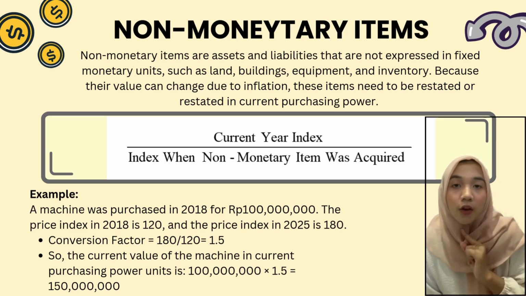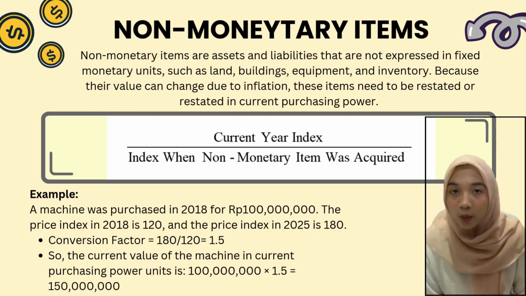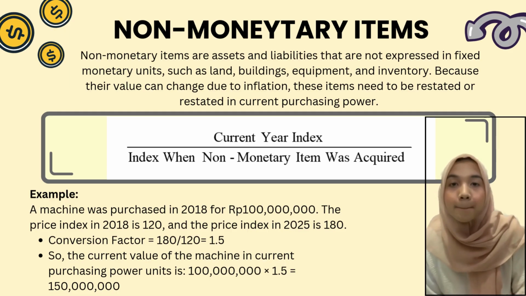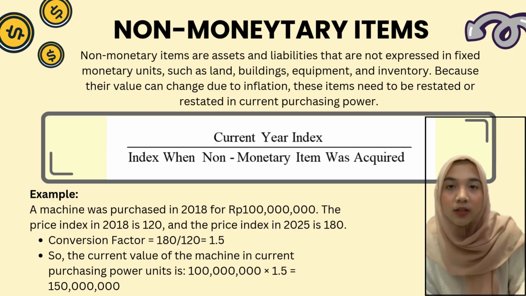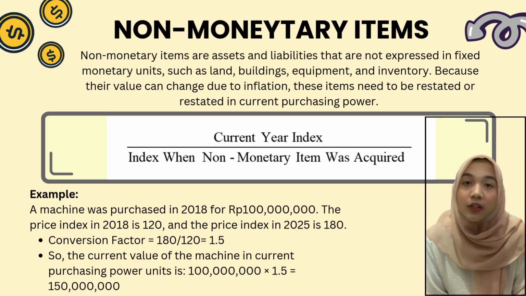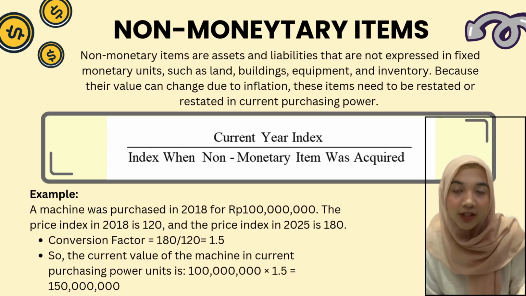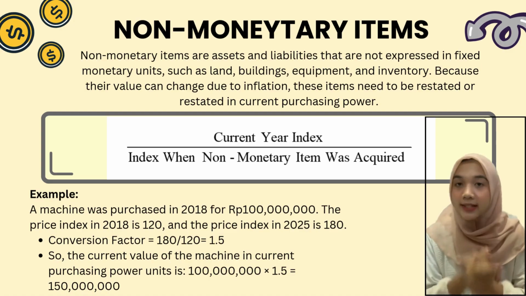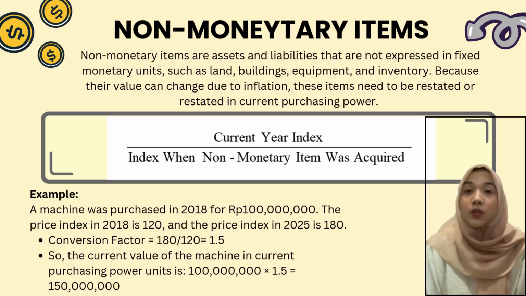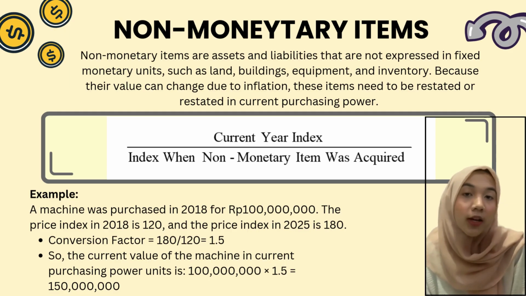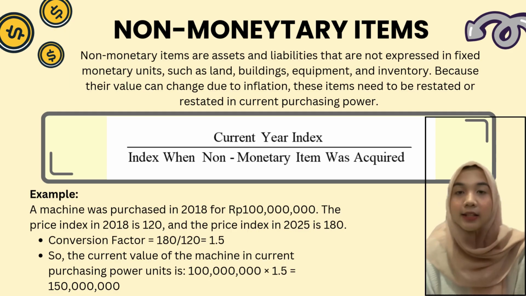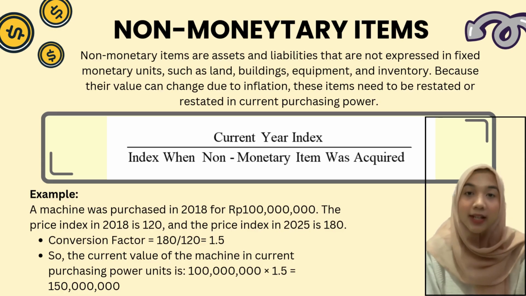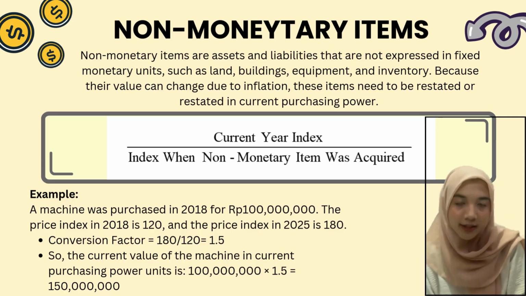The formula is conversion factor equals current year index per index when the non-monetary item was acquired. Then the historical value is multiplied by the conversion factor. I will give you an example. For the example, a machine was purchased in 2018 for 100 million. The price index in that year is 120 and the price index in 2025 is 180.